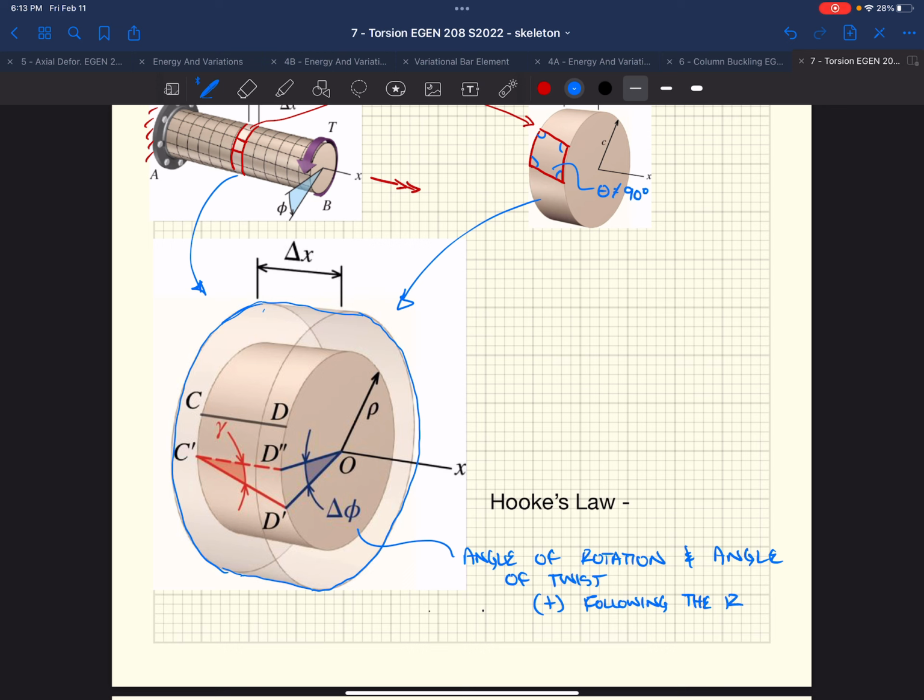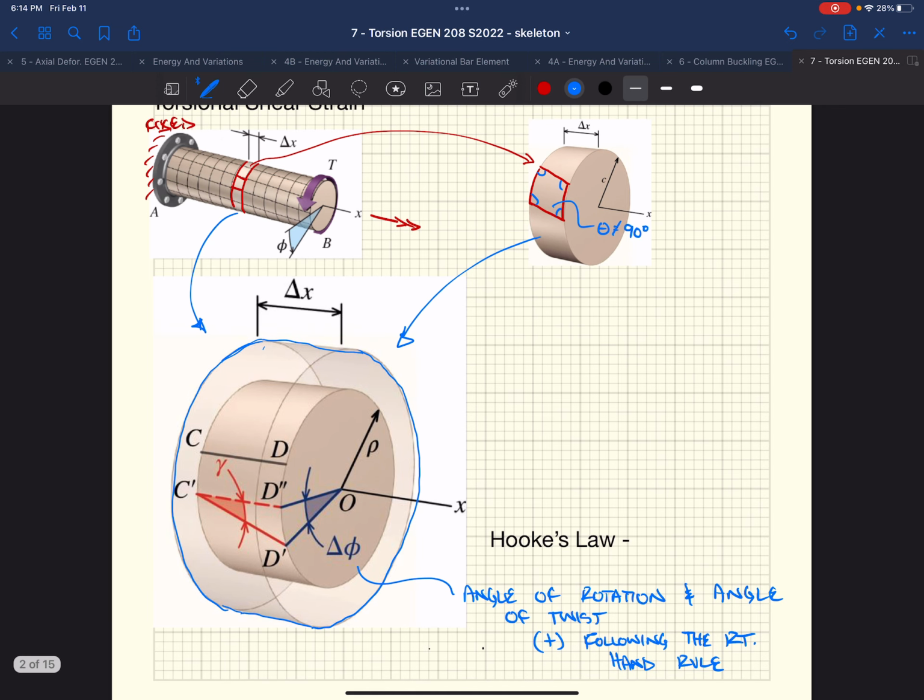So if we curl our fingers in the direction of that angle of twist, with our thumb the outward normal from the surface, it's going to be positive. So in this case, we look at our sliver of our shaft, and the right-hand rule gives us the direction of that vector. If our torque is twisting counterclockwise on the end of that shaft, and we curl our fingers in that direction, our thumb points off to the right, and that's where that vector direction goes.